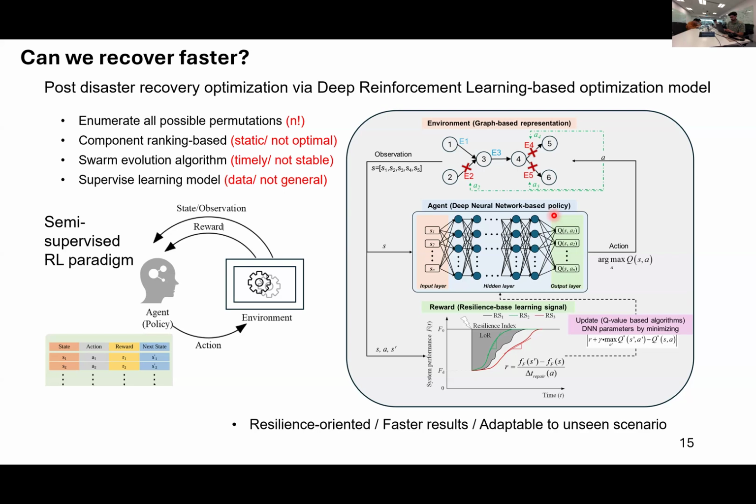I'm not sure if I understand your question clearly. So for the environment here, I use the graph-based representation to build a system model. And based on this system model, I can generate many data sets for the reinforcement learning algorithm for its training. So the graph-based representation is just used to generate the data set for the reinforcement learning algorithm.